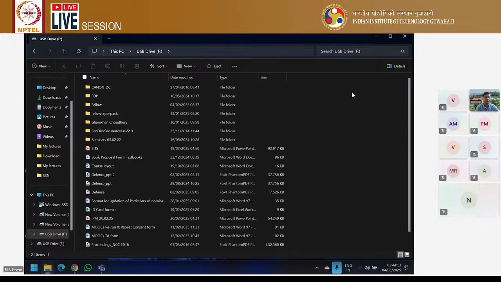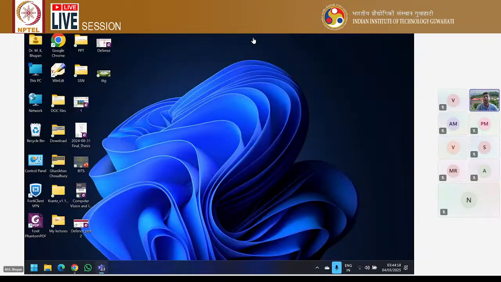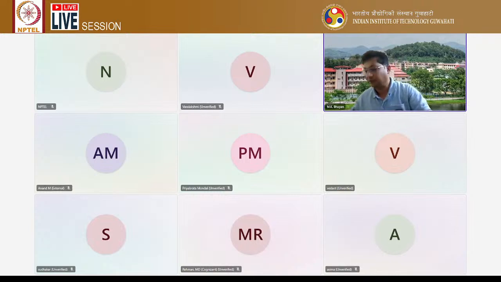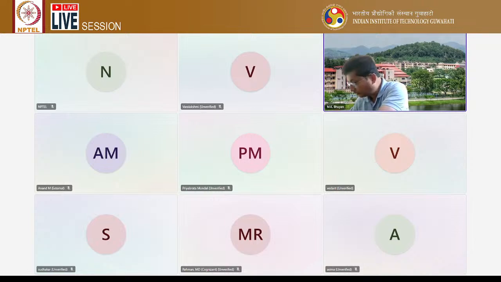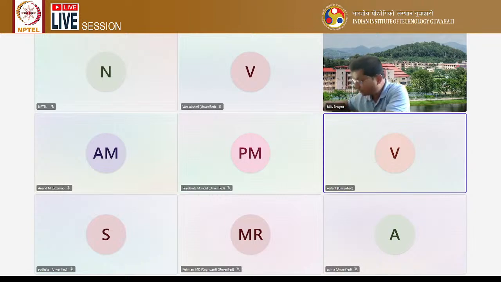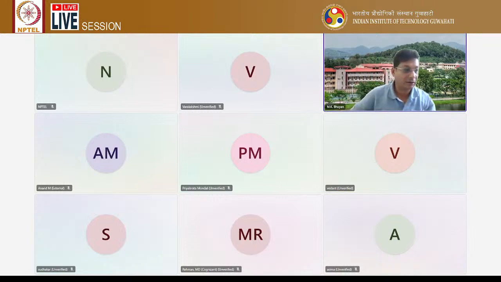No problem, sir. This is actually for autonomous driving, no? Yes, we have this type of image processing technique, like semantic segmentation. If you see my web page, you can see some journal papers on semantic image segmentation, mainly for autonomous driving. That is the driverless car, and we are doing that.